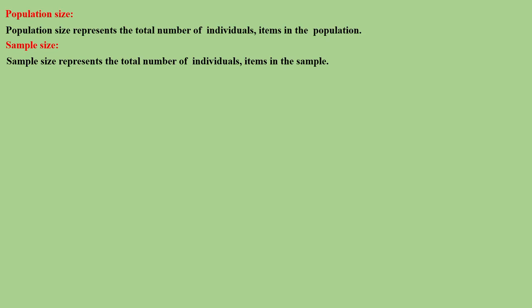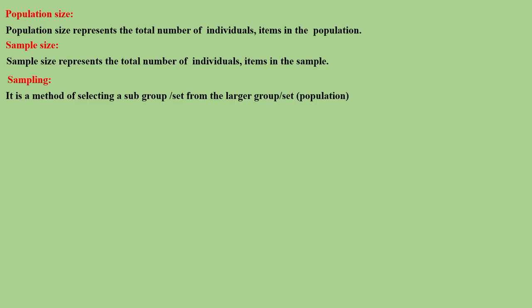Sample size: if you are taking a small number of individuals or items from the large population, that is called a sample. If you are choosing 200 or 300 persons, or 10 or 20 cars from the large population, that is the sample size, the total number of individuals or items in the sample.